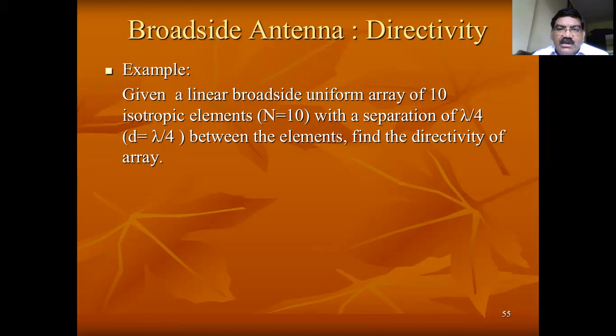Given a linear broadside uniform array, that is in a straight line, expected to have broadside radiation, with 10 isotropic elements, that is n equals 10, with a separation of lambda by 4 between each element, that is d equals lambda by 4. Find the directivity of the array. So what you are asked is to find the directivity.